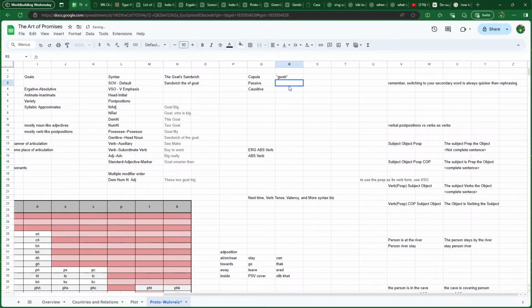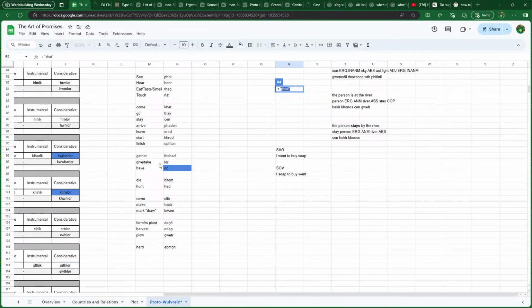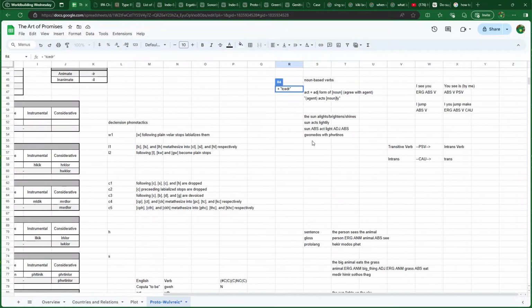And then for the passive, you will need to add kat. And for the causative, which is literally make or create, cheddar. Or cheddar, I should say.